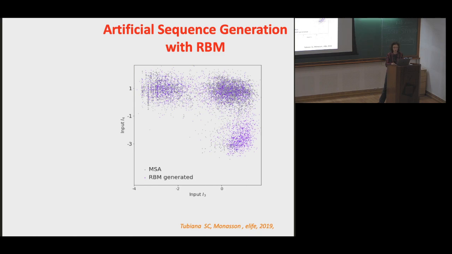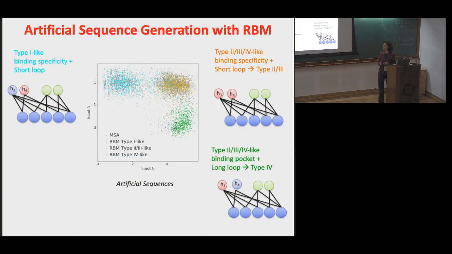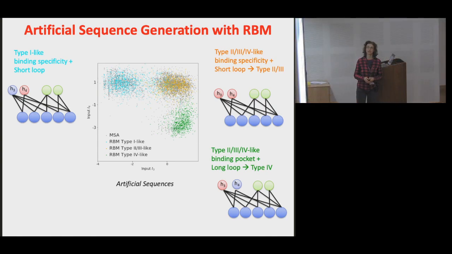But you can do more: you can fix the hidden units to generate artificial sequences only of one specificity class. For example, in this case, you fix the hidden unit 4 to a positive value and the hidden unit 3 to a negative value, and you will obtain sequences of type 1 specificity.